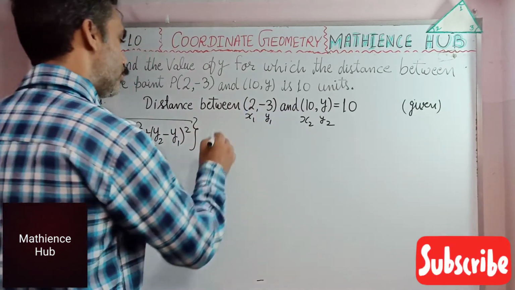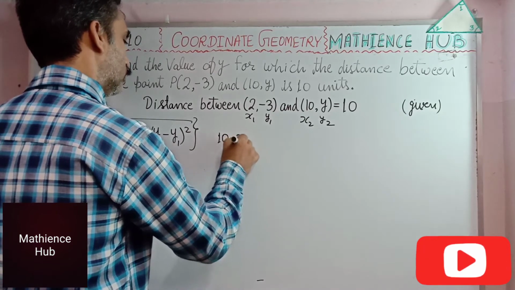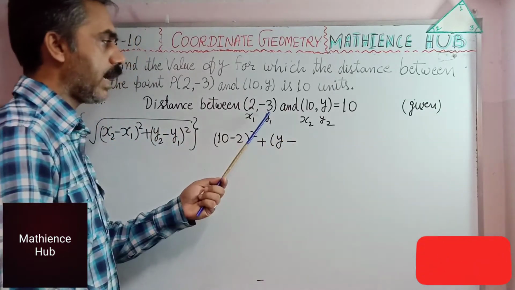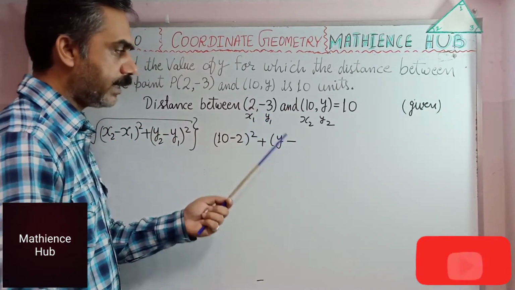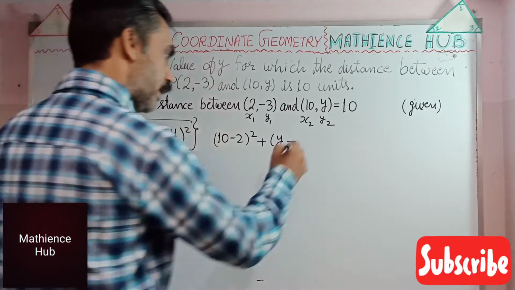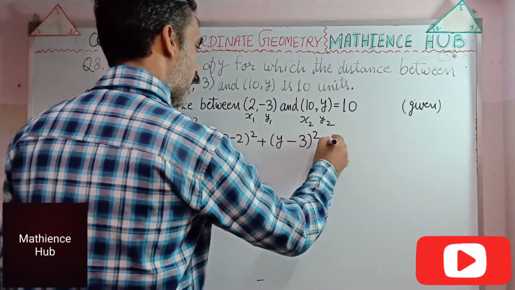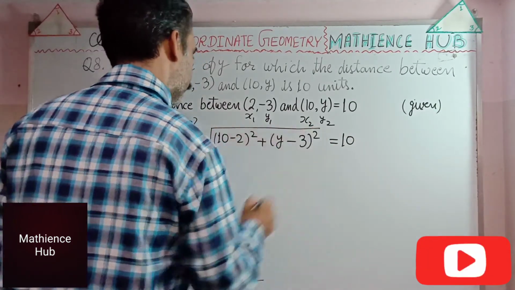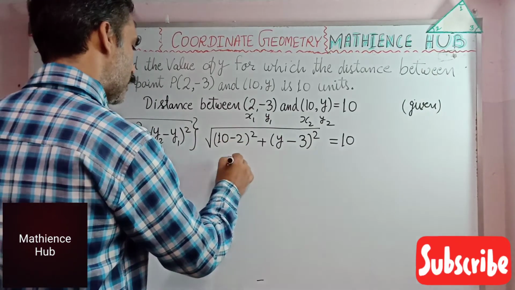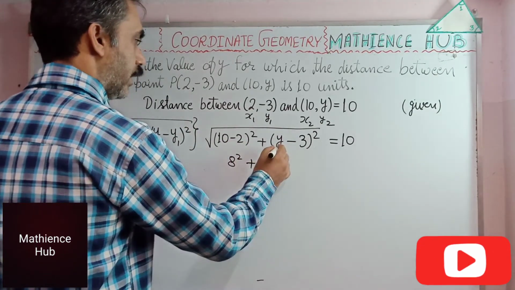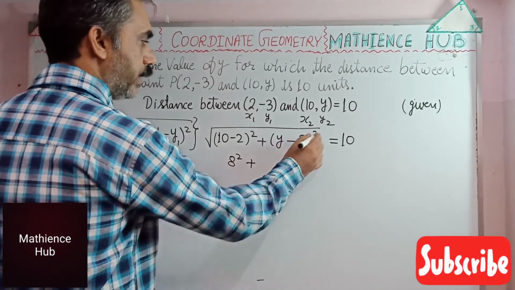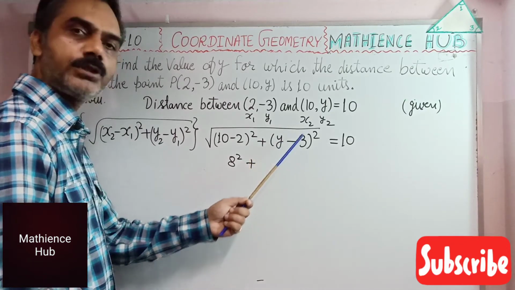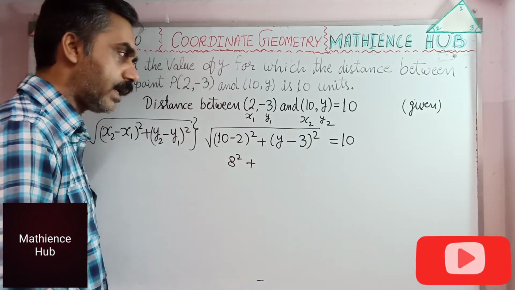(10 minus 2) whole square plus (y minus y1), where y1 is -3, so this minus multiplied by this minus gives plus 3, whole square, equals 10. 10 minus 2 is 8 square, plus, here use the identity (a minus b) whole square, which we used in the previous question also. (a minus b) whole square is a square minus 2ab plus b square.